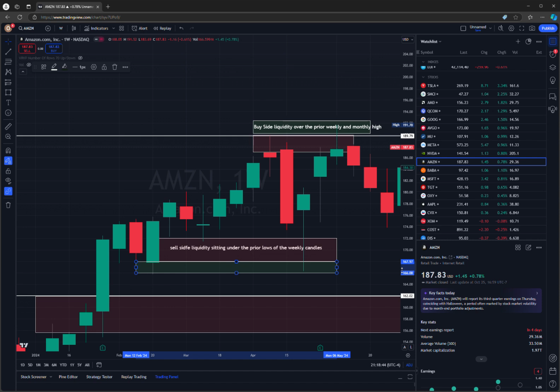It can pause. Kind of like this one, for example. It could come up and sweep and then not do a lot. It needs a little bit of time. But when you're trading monthly time frames, monthly candles, monthly contracts are typically ideal because in order for it to go from point A to B and then B back to A, it might take a month or 2 to 3 weeks.